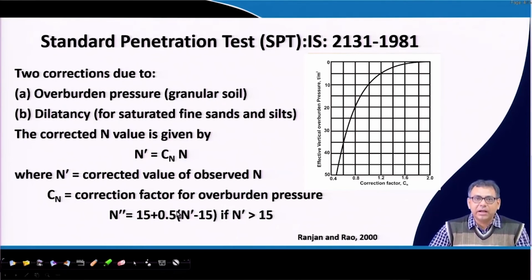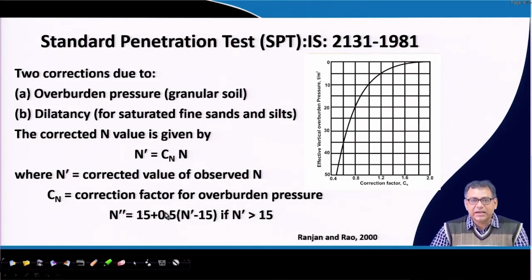Now, why will I apply the dilatancy correction? And why it is 15, that is also another question. Because this dilatancy correction is generally applied for the dense soil, and generally if the soil is dense, then it will give you a higher N value. So, if it is more than 15, we will treat soil as a medium dense or dense soil.